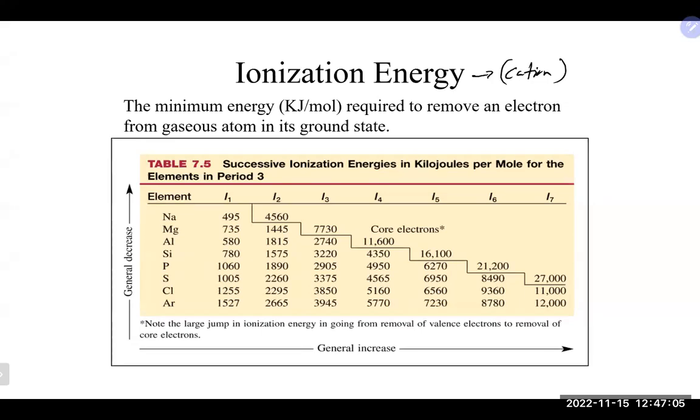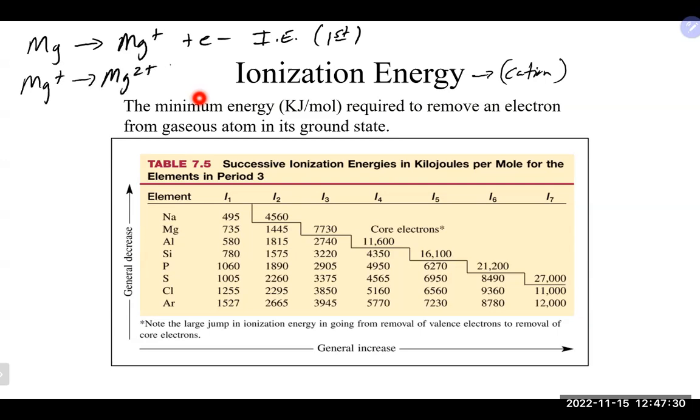So for example, if we took something like magnesium, the first thing that would happen is the magnesium would lose one electron. And there would be an ionization energy required to do that. And that would be what is referred to as the first ionization energy, to release that first electron. Next, the magnesium that's lost one electron will then lose a second electron.